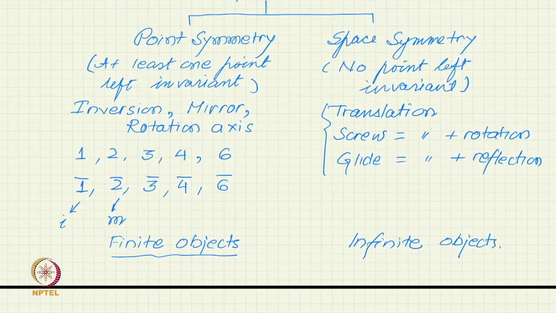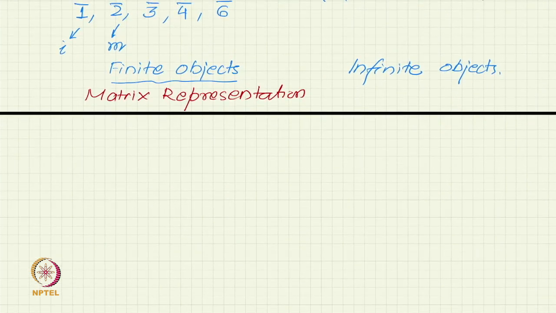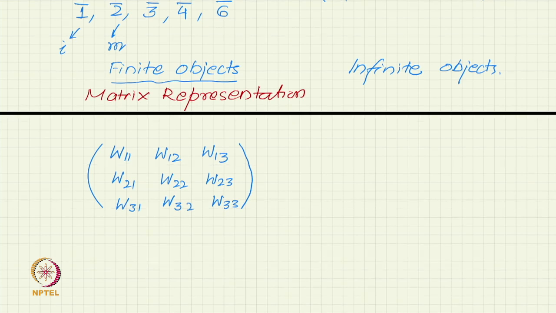Now, we also saw that point symmetry operations we are able to represent by matrices. Now, matrix representation has one limitation. If you have a matrix, where will any matrix map the origin? Origin automatically is an invariant point for any matrix, whether it is a symmetry operation or not.